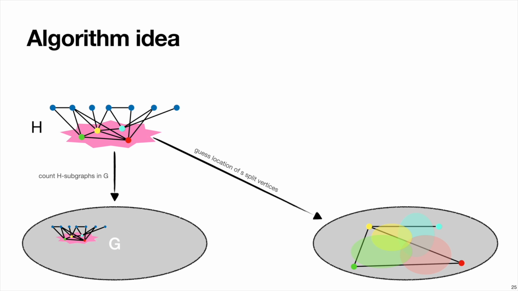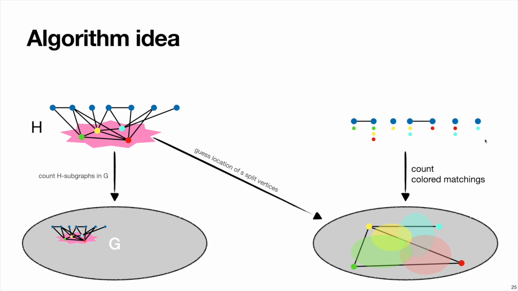And in this way, we color all vertices of the graph G with possibly multiple colors, depending on their neighbors in these split vertices. Then we remove these 4, in this case, split vertices, and in the rest of the graph, we count colored matchings.